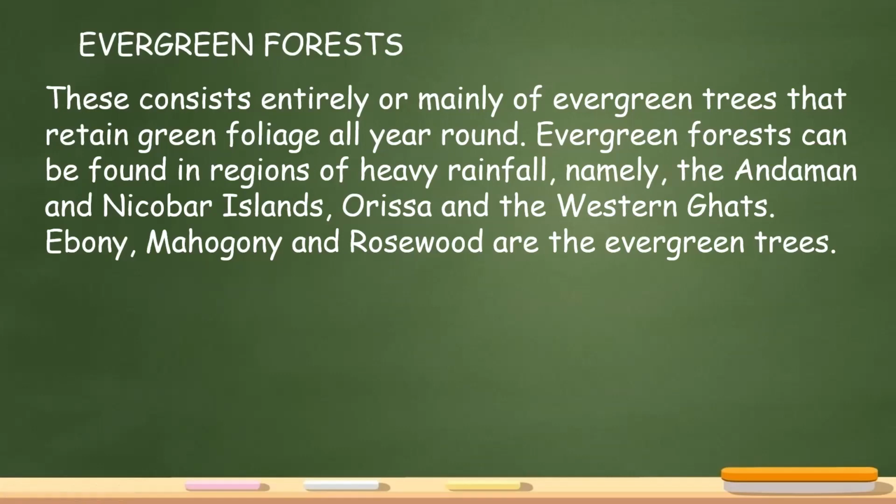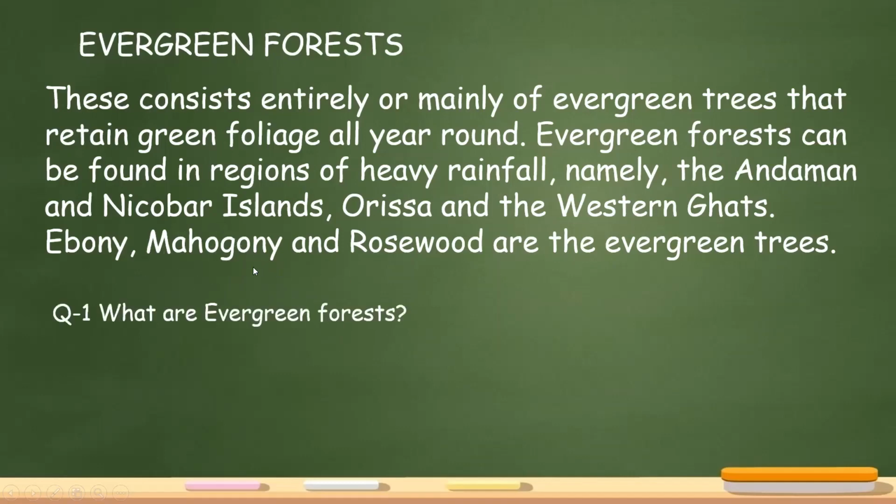So they retain green foliage all the year round. Evergreen forests can be found in regions of heavy rainfall, namely the Andaman and Nicobar Islands, Orissa, and the Western Ghats. Ebony, mahogany, and rosewood are the evergreen trees.